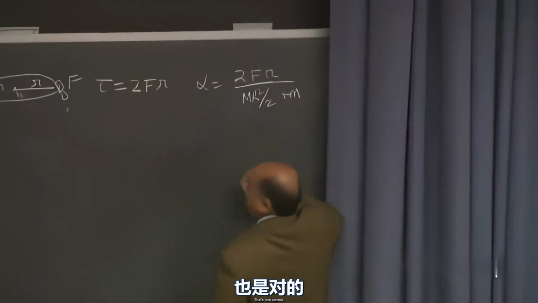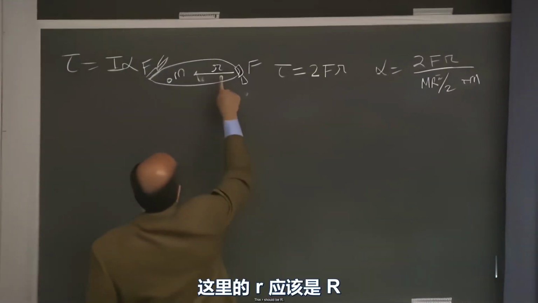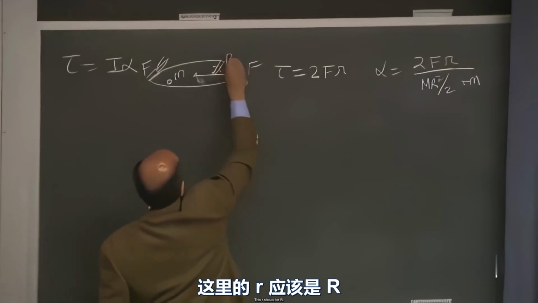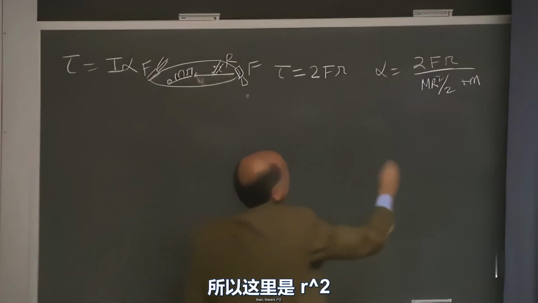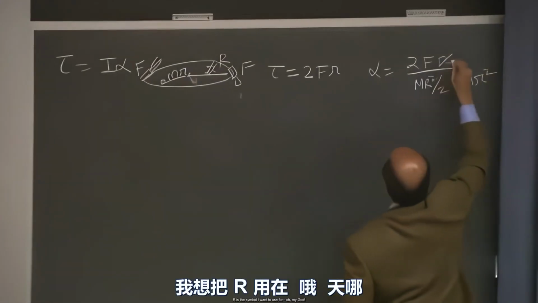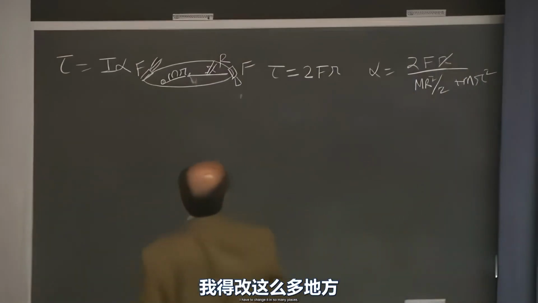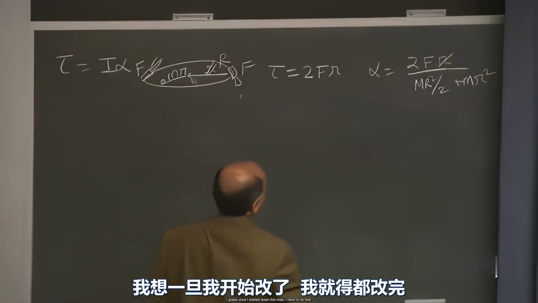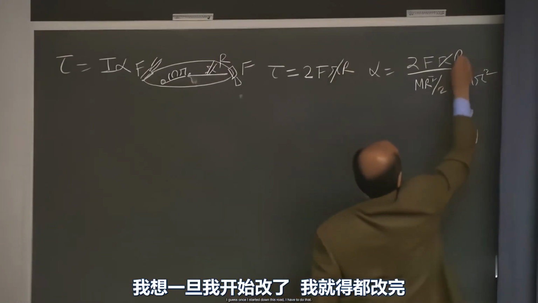Not the same R. That's also correct. So my picture is wrong. Sorry for this one. This R should be capital R. And let's use for this mass here small r, then it's small r squared. Capital R is the symbol I want to use for, oh my God, this is a nightmare. I have to change it in so many places. I guess once I started down this road, I have to do that.